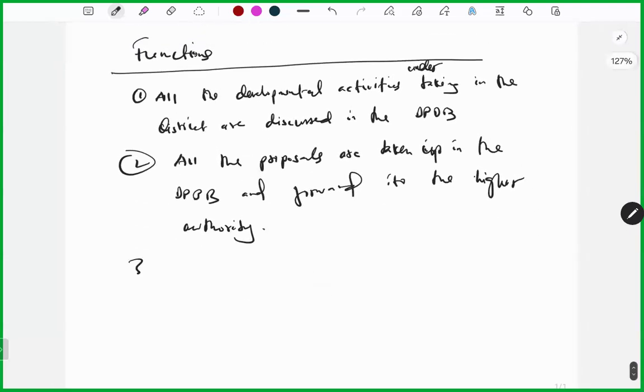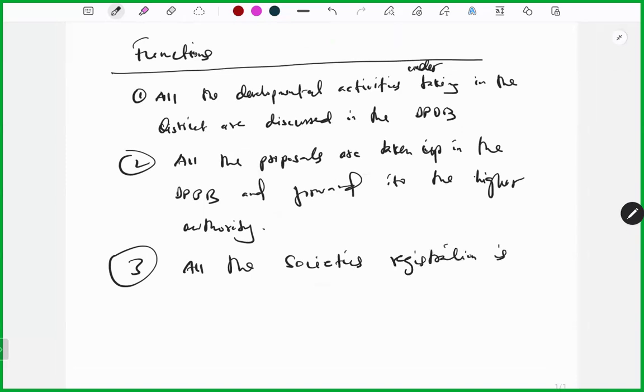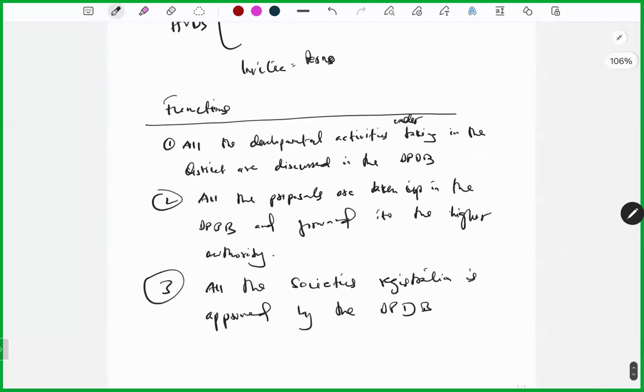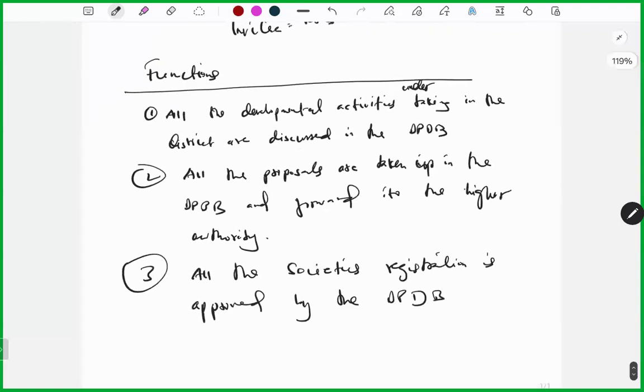Then the registration of all the societies is approved by the DPDB. So all the important activities are also discussed here.